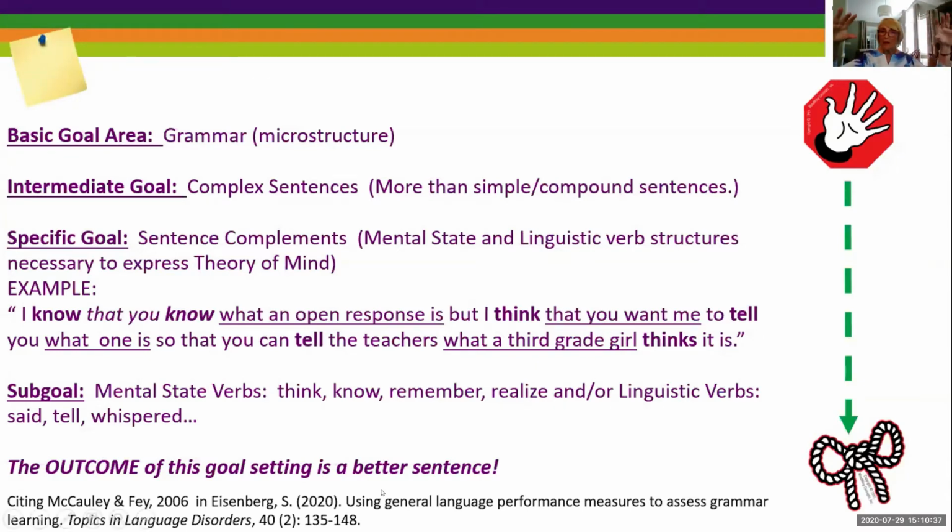Well, within the area of grammar, we're looking at complex sentences. Within the area of complex sentences, what are we looking at with him? One of the things we want to get him to do is to include the elements of the critical thinking triangle and be able to relate them using but and so and because.